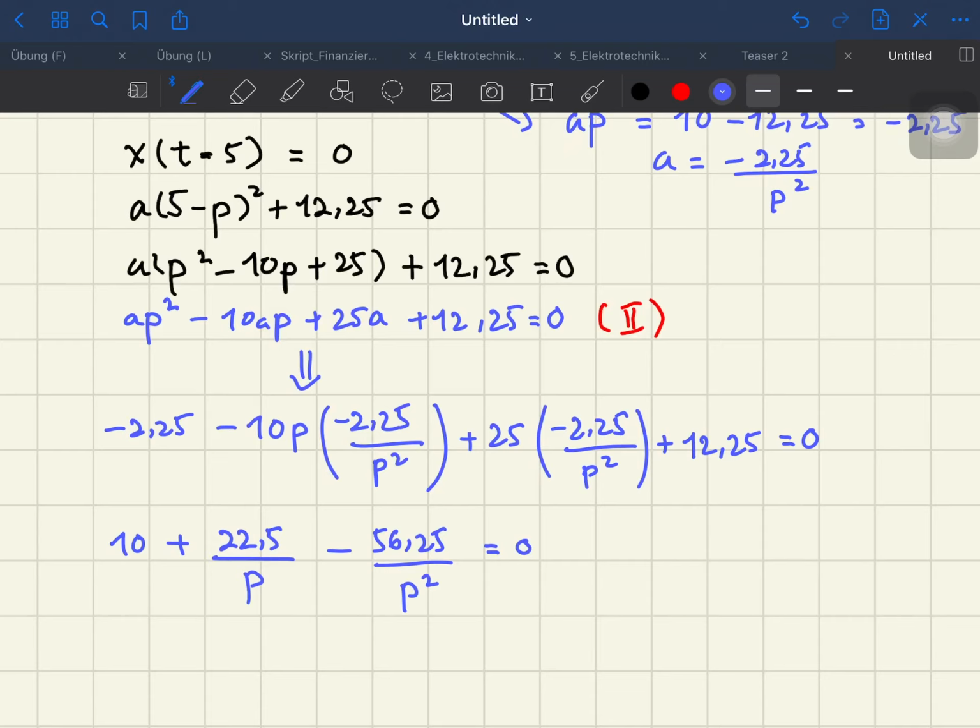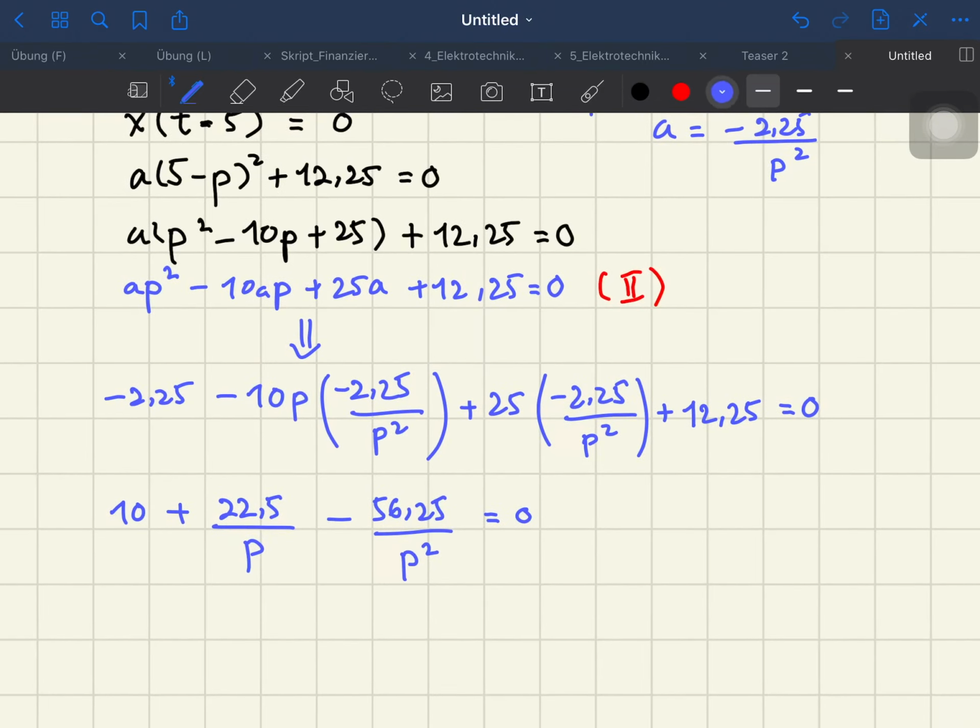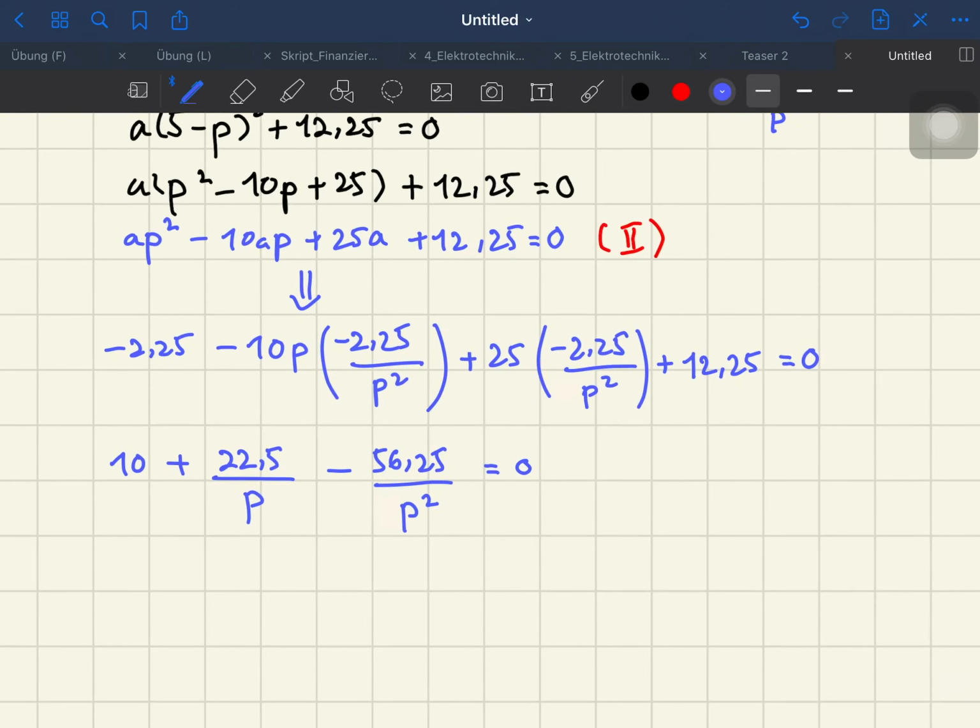Now you can actually form this into a quadratic equation by multiplying on both sides with p squared. Hence you will get 10p squared plus 22.5p minus 56.25 equals 0.